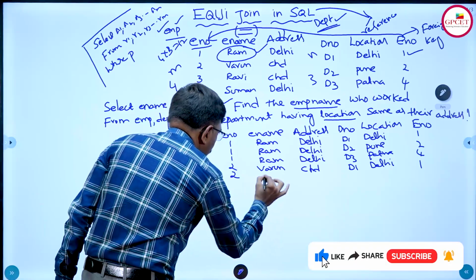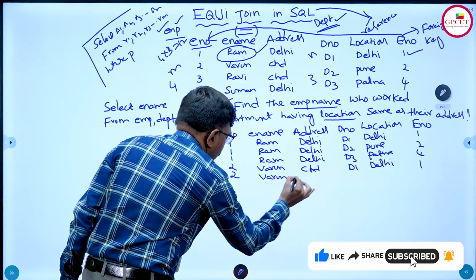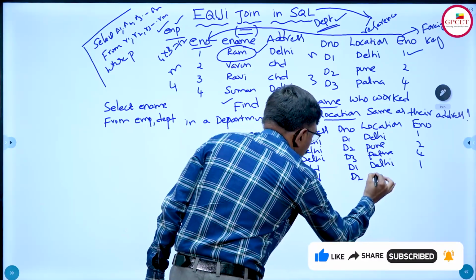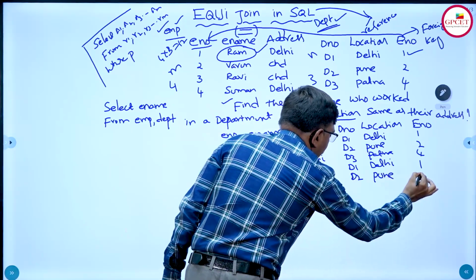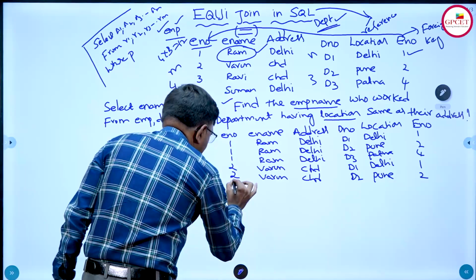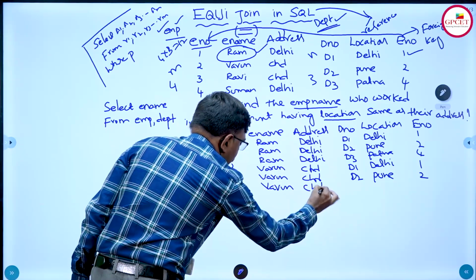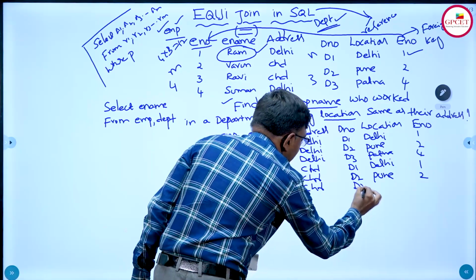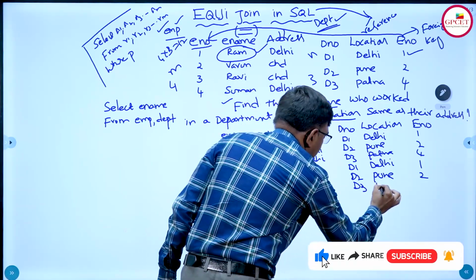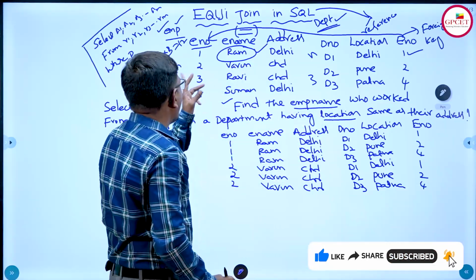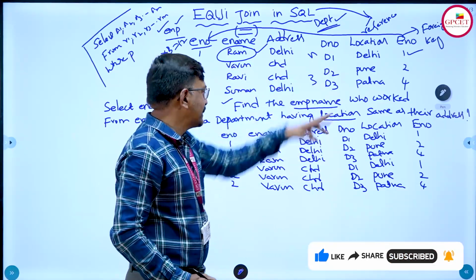Same, 2 Varun Chandigarh multiplied by D2 Pune 2. Same second case, second Varun Chandigarh multiplied by D3 Patna 4. That is the second record or second row multiplied 3 times.